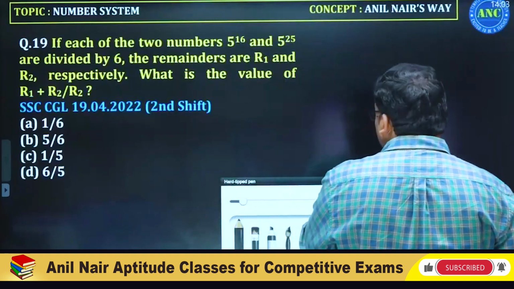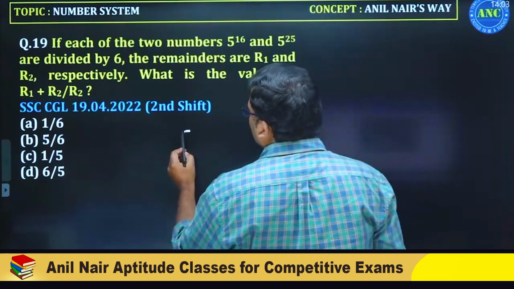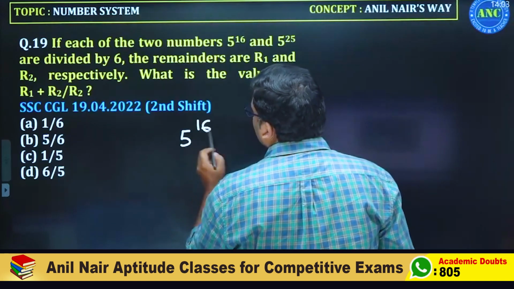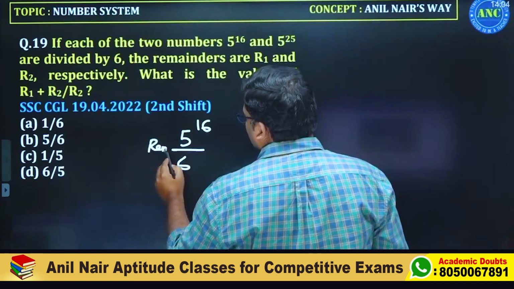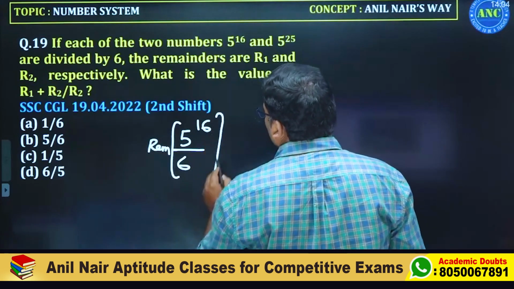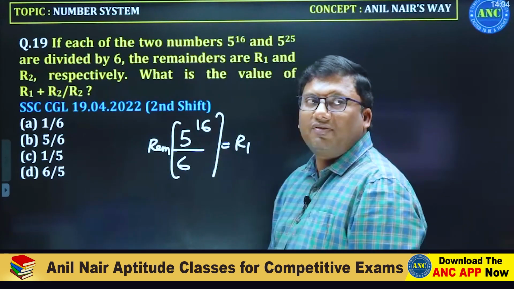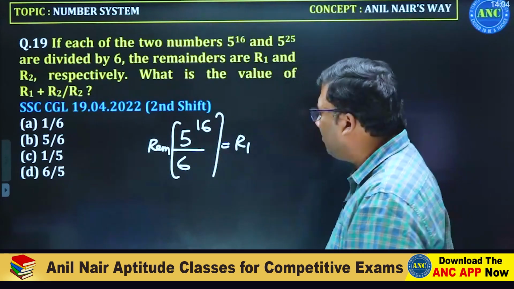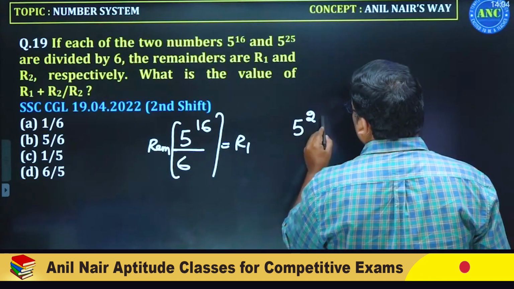Next question. There is a number 5 power 16 that is divided by 6. That remainder we are calling R1. There is another number 5 power 25.